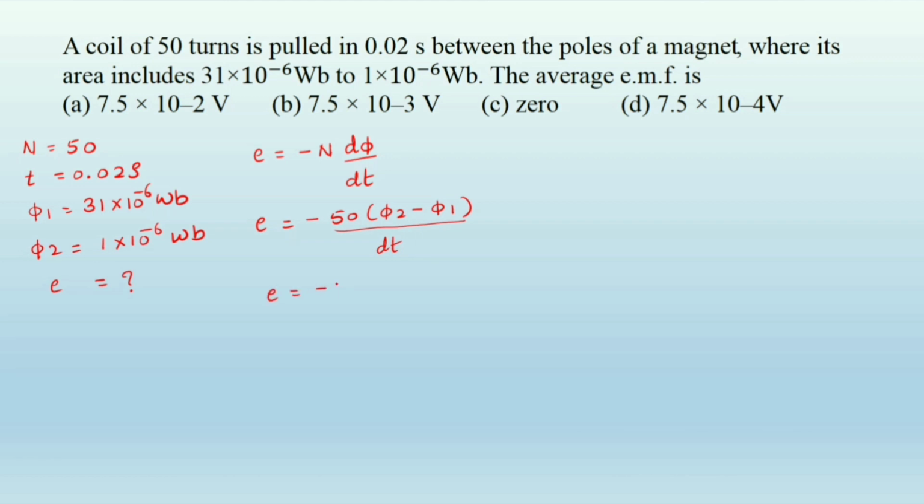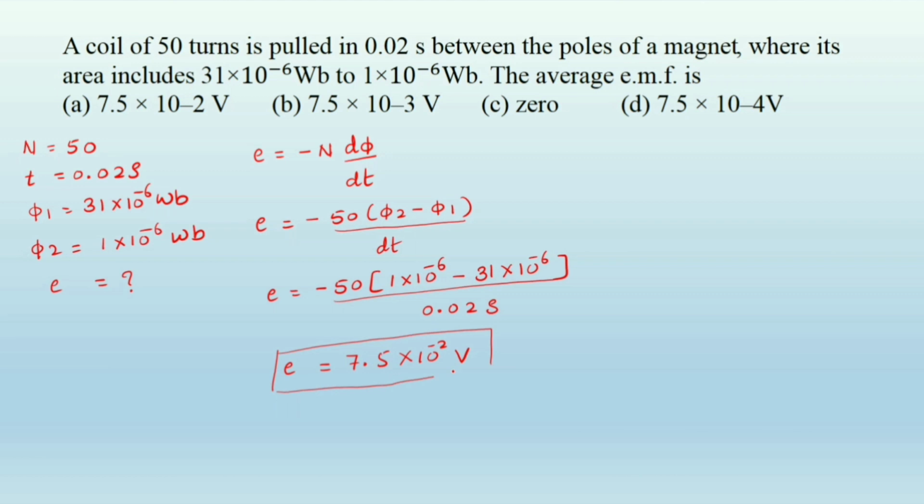So E equal to minus 50 into final minus initial magnetic flux, 1 into 10 raised to minus 6 Weber minus 31 into 10 raised to minus 6 Weber, divided by time 0.02 second. So calculate all these values. So we can get the final value 7.5 into 10 raised to minus 2 volt. So 7.5 into 10 raised to minus 2 volt means option A is correct.